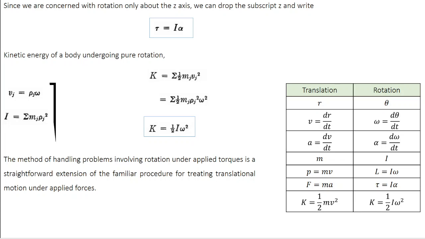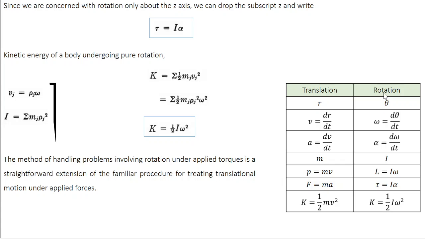Now if you compare a translation motion or a linear motion and pure rotation, you will find that they are almost similar. If you replace all the linear parameters with the corresponding angular parameters, you get all the equations translated from linear motion to pure rotation. Let's see how this happens. In the case of translation motion, the most fundamental parameter is the position vector or displacement r.